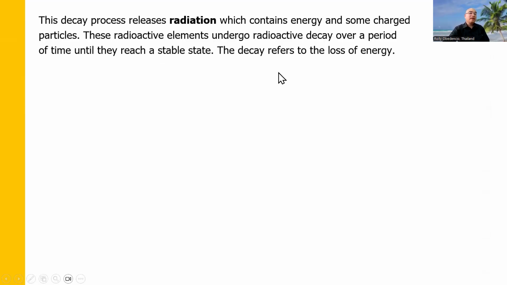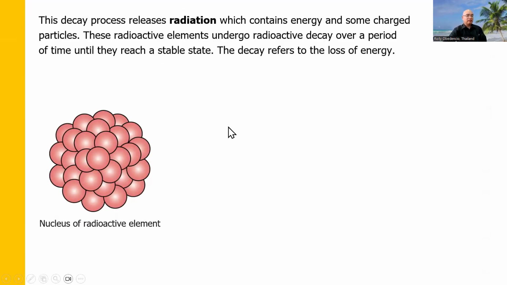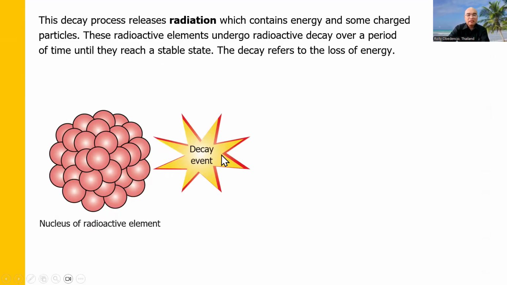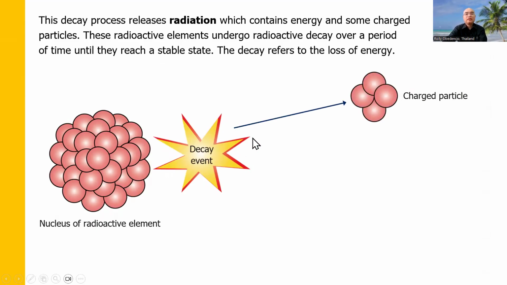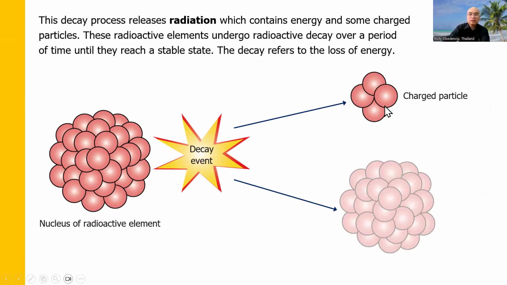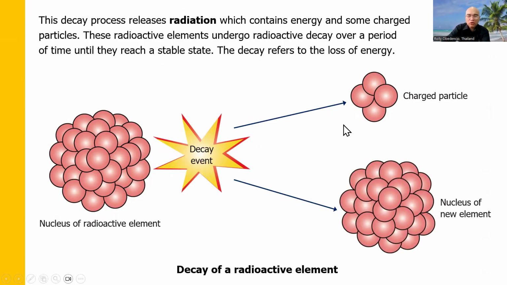The decay refers to the loss of energy. Look at the nucleus of this radioactive element. The decay event happens here with a charged particle and also the nucleus of a new element. All right, so this is the decay of a radioactive element.